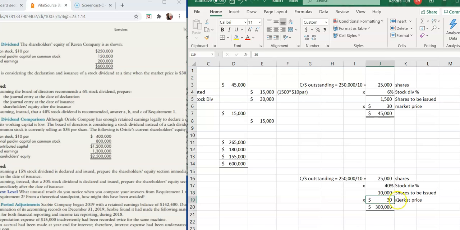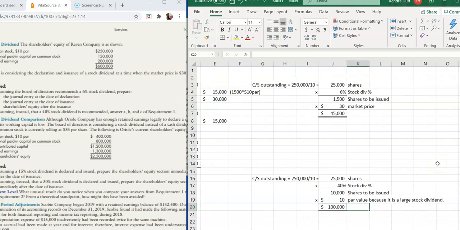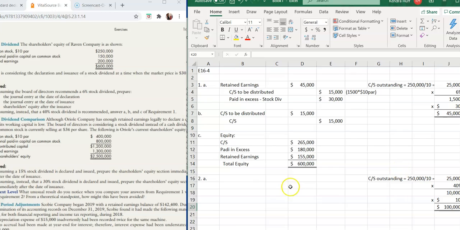And since it's a large stock dividend, you use par value. Use par value because it is a large stock dividend. So $100,000 out of retained earnings. And then it's just common stock to be distributed because it's at par.